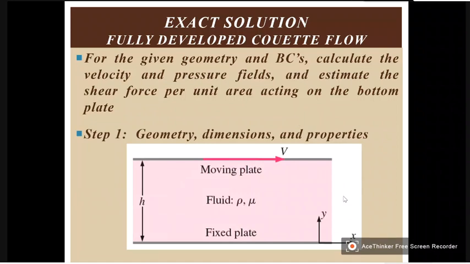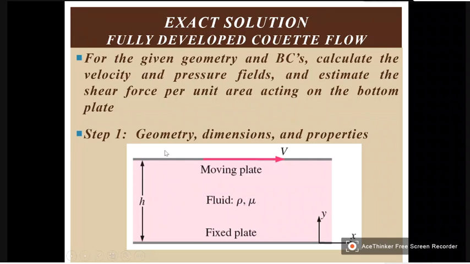Now, this is the fixed plate. This is the moving plate. This is moving with velocity V, and the distance between the two plates is h. And the fluid is having density rho and viscosity mu.